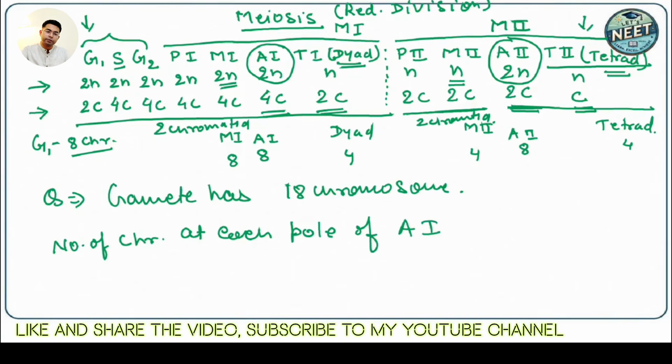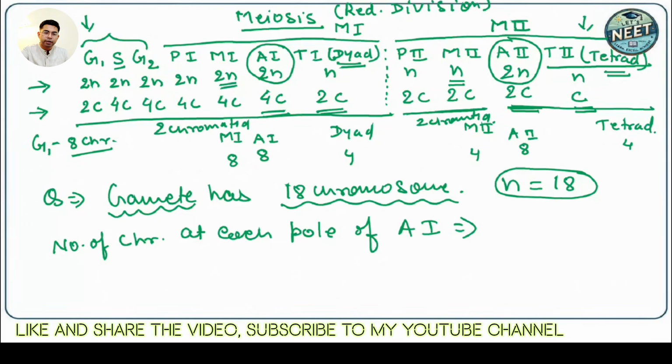See, when I say gamete has 18 chromosomes, what is the DNA content of gamete? So gamete is n, means I am giving you n is equal to 18, right? Now from this table you can easily find out A1 means anaphase 1 is how much? 2n, right? So number of chromosome in anaphase will be 36, but question is not asking number of chromosome, it is asking at each pole, right?